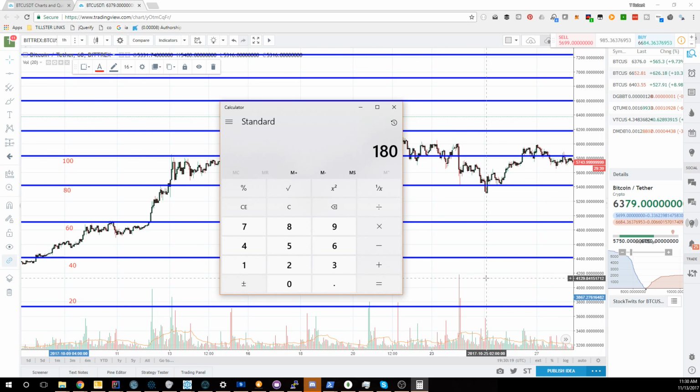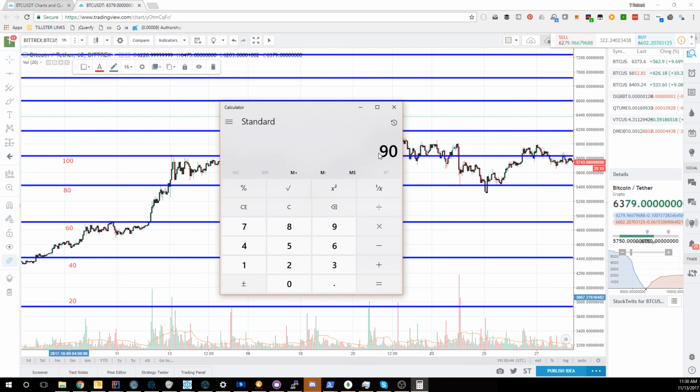Now I've spent $180 and I have bought 2 Bitcoin, which means each Bitcoin is worth $90. One Bitcoin is worth $100, one is worth $80, so if you average their costs together, they're worth $90 a piece.